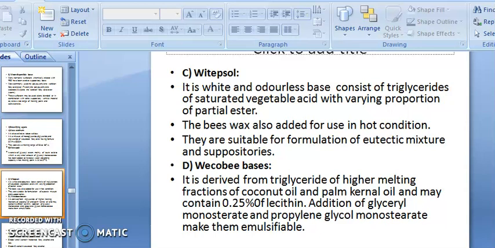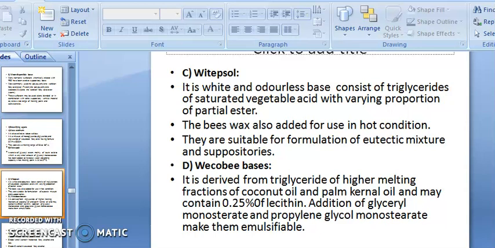Then Wecobee bases. They are derived from triglycerides of the higher melting fraction of coconut oil and palm kernel oil, and may contain 0.25% of lecithin.